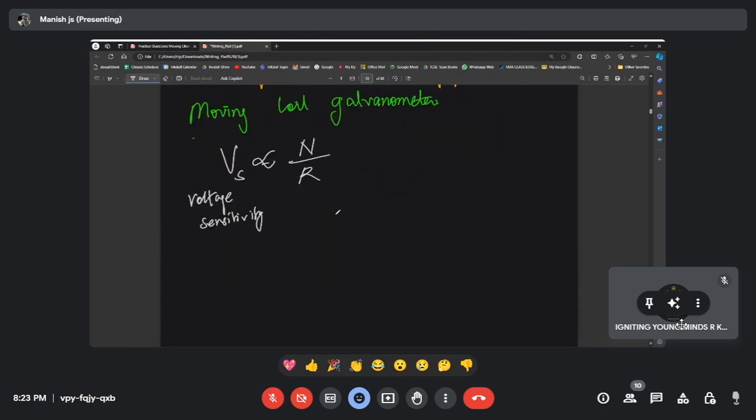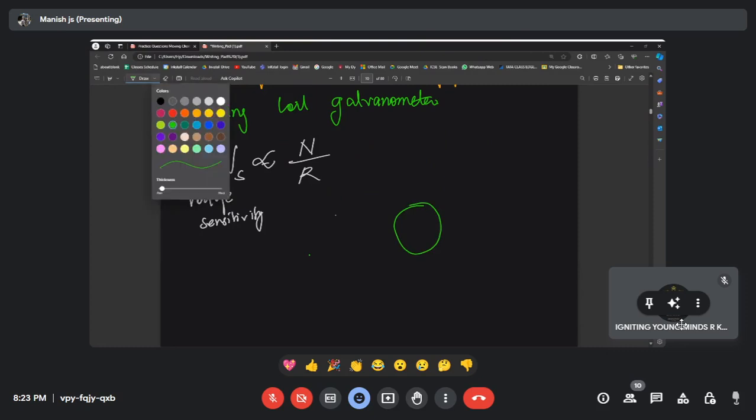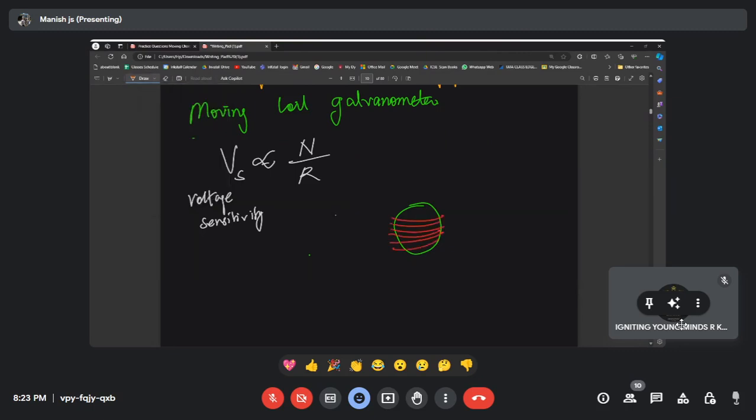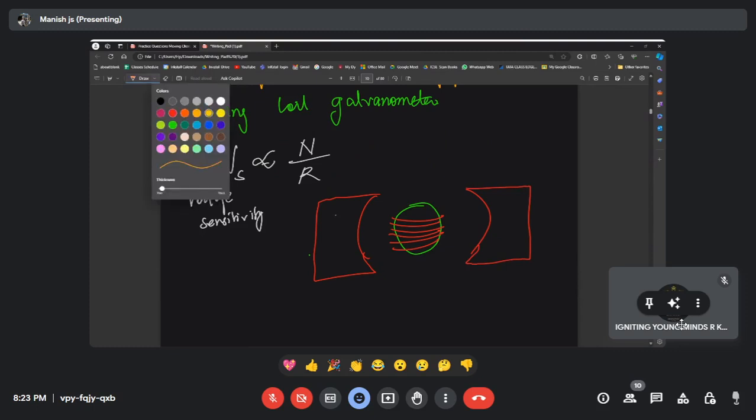Okay, so as I said, here you are going to have a coil. I'll show you. Now to this coil, copper wire has been wound, so many turns of copper wire like this. When it has been wound and placed between two permanent magnets like this, they provide the magnetic field.